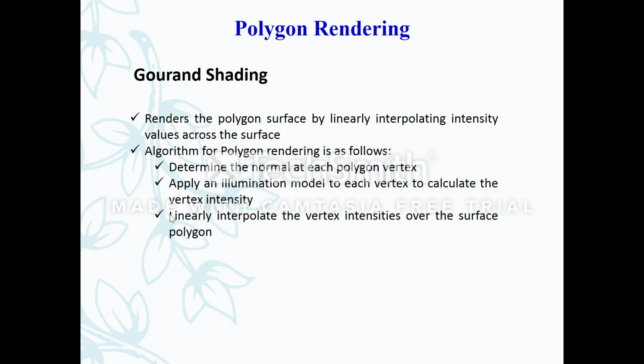It assumes that the surfaces are curved and uses interpolation techniques to calculate the values of pixels between the vertices of polygons. That is, near the vertices of the polygons, averaging is done and linearly interpolated to get the value. That means there is no differentiation between the edges of the polygon.